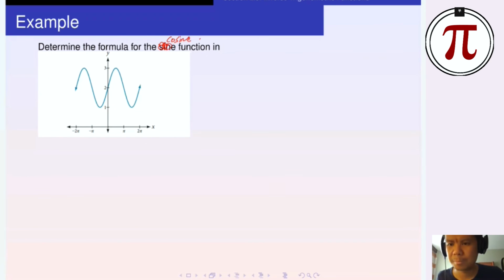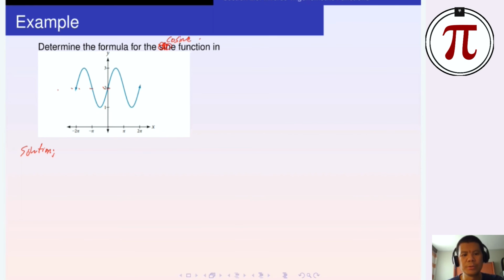So let's do this one. How do you think? Determine the formula for this cosine function. All right, so solution here. What is the midline? That'd be 2.